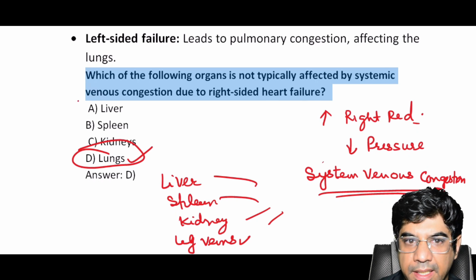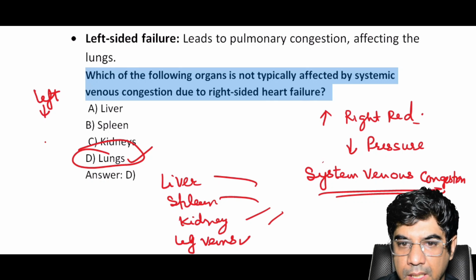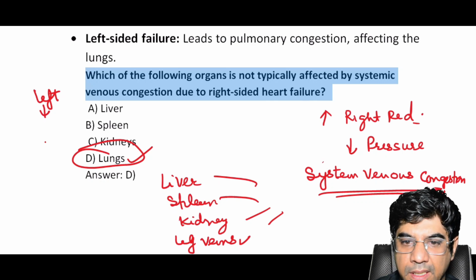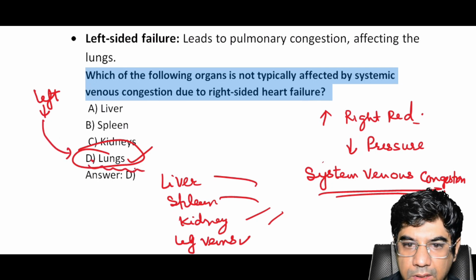So for left-sided heart failure, remember, it occurs when the left ventricle is unable to adequately pump blood into systemic circulation. That causes blood to back up into the pulmonary circulation. So this increased pressure leads to pulmonary venous congestion, primarily affecting the lungs.